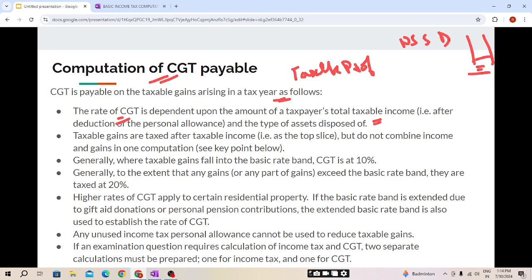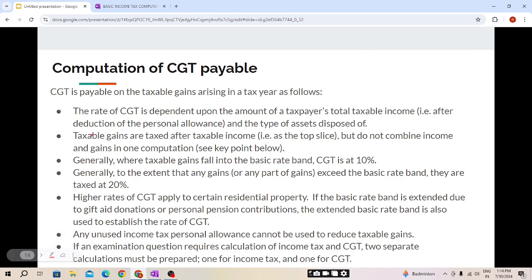So we need to see this figure so that we can identify our rate of CGT. The rate of capital gains tax is dependent upon the amount of the taxpayer's total taxable income after deduction of personal allowance and the type of asset disposed of.